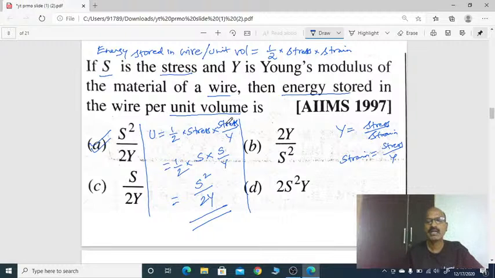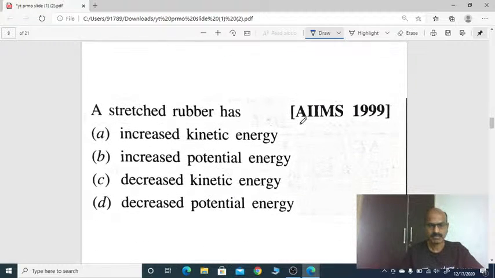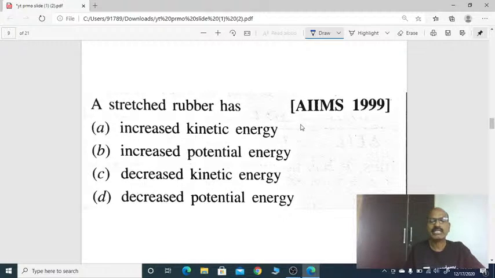Let us go for the next one. A stretched rubber has increased kinetic energy, increased potential energy, decreased kinetic energy, or decreased potential energy. See the option and the question properly. Whenever a rubber is stretched, the work done is stored in the form of elastic potential energy.